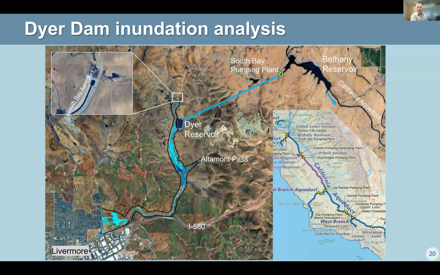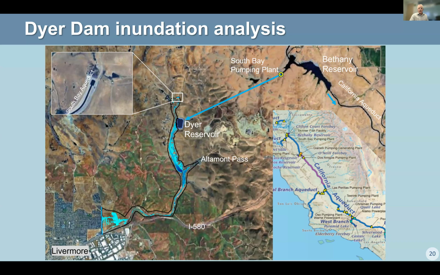Bethany Reservoir, water's pumped up into Bethany Reservoir from the Delta. And then from Bethany Reservoir, it gets pumped up into this smaller reservoir, Dyer Reservoir. And Dyer Reservoir is basically the beginning of the South Bay Aqueduct, which goes down through Livermore and supplies water that way.